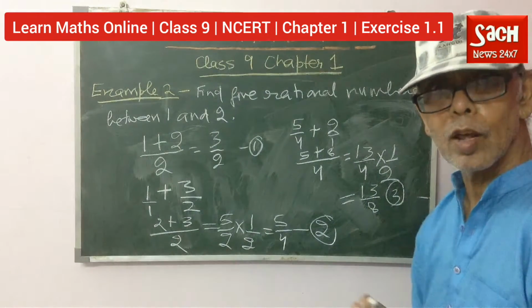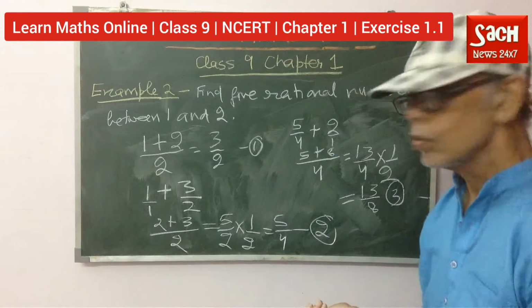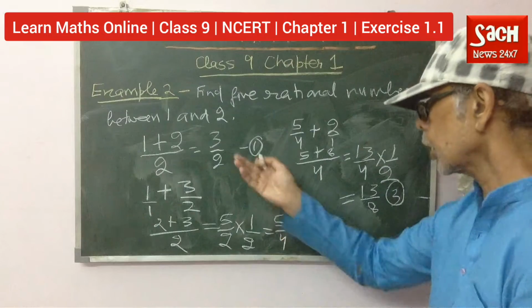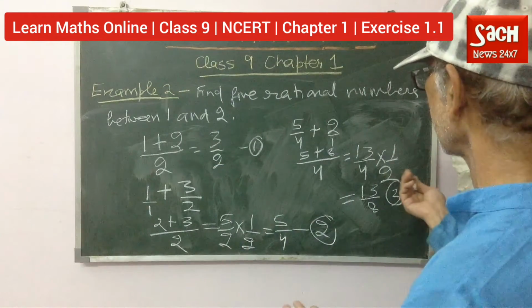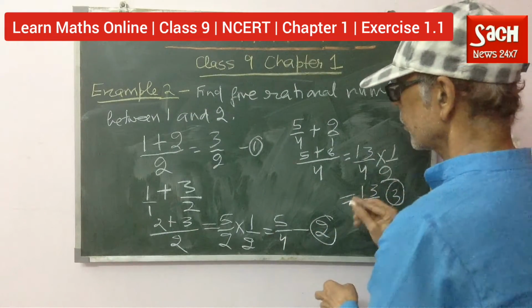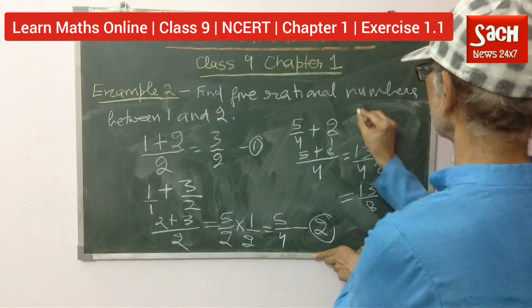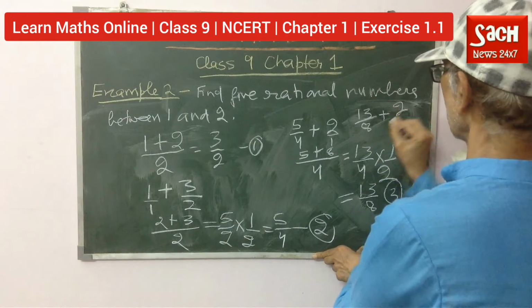Is it clear? Are you finding it difficult? Then you can do the first method, but you can do it in this way also. How will you find another number? The 3 numbers you have found. Let's find one more number. Take 13 by 8, then plus 2.